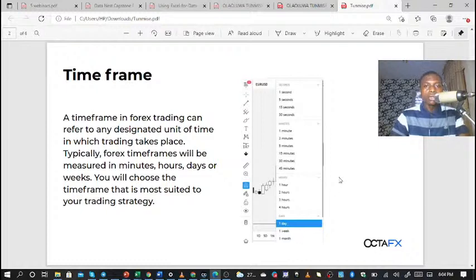Typically, Forex time frames are measured in units of hours, days, weeks, months, and you can choose which time frame suits you. We would go into a practical soon, looking at the MT4.